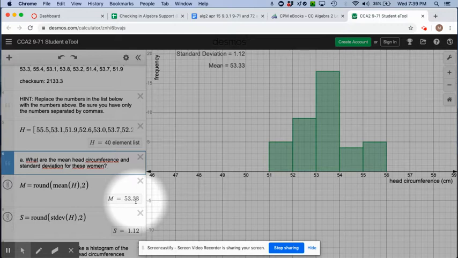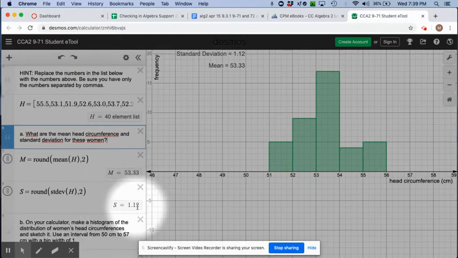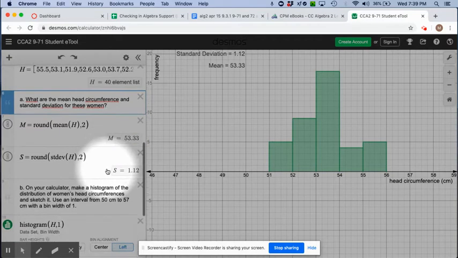So that is the mean circumference of a woman's head from the 40-person sample. And then the standard deviation is 1.12, which means that on average, the data differs by 1.12 centimeters between different women.